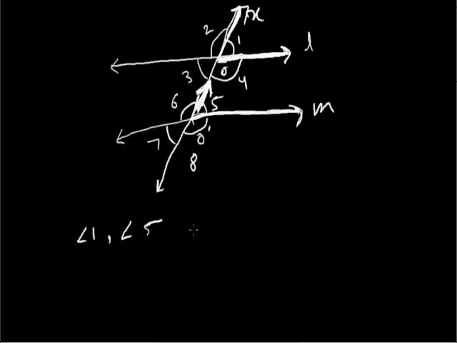That's why angle 1 and angle 5 form a pair of corresponding angles, because they satisfy the definition of corresponding angles.